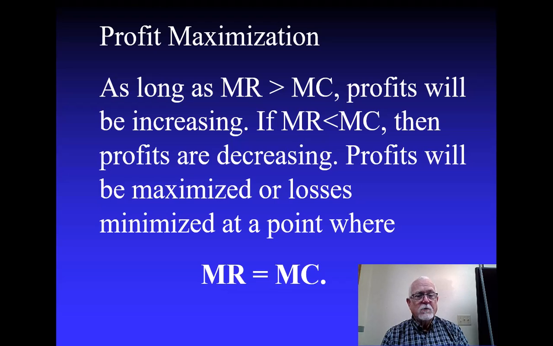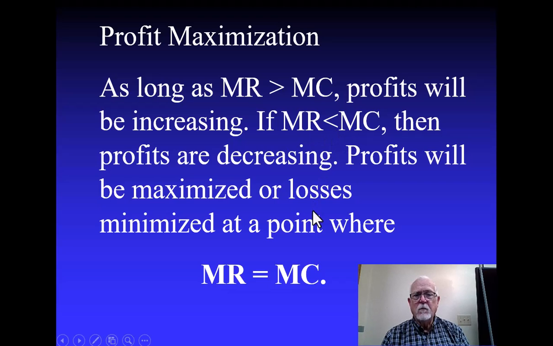Now, if I get a higher amount of revenue than the increase in my cost, then obviously my profits will be going up. On the other hand, if I decide to produce and sell one more unit and it adds more to my cost than it does to my revenue, that would be a case where marginal revenue is less than marginal cost, then I wouldn't want to do that. I'd want to back off.